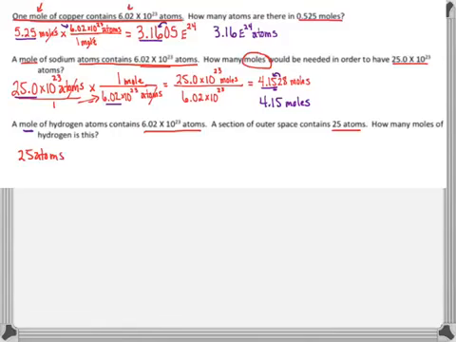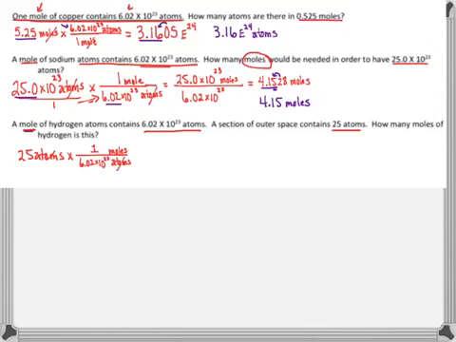We want to end up with moles, and we want to get rid of atoms. So atoms is going to go in our denominator, and mole will go in the numerator. According to the equality given, 1 mole equals 6.02 times 10 to the 23rd.